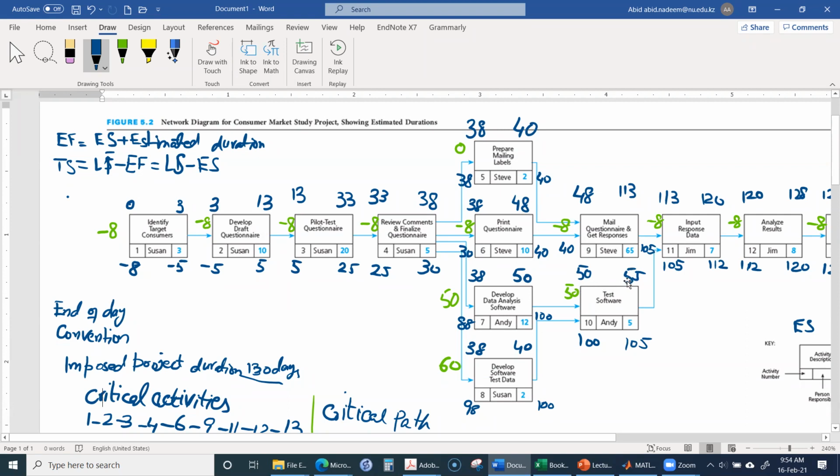Since it finishes at 105, and the next activity starts at 113, it is not going to delay this path in this case.